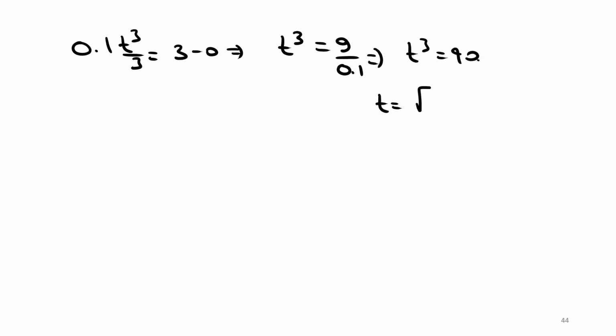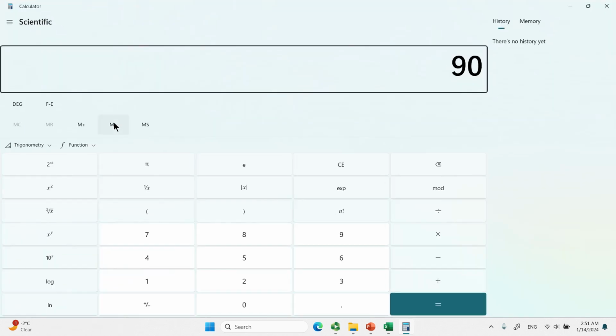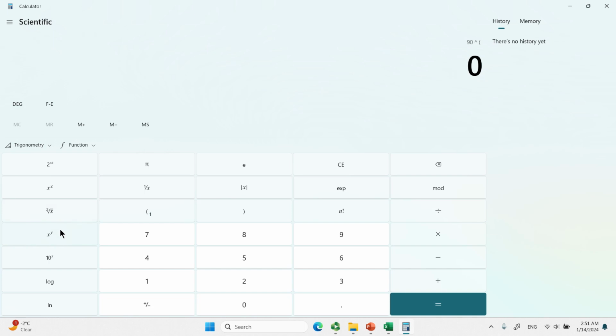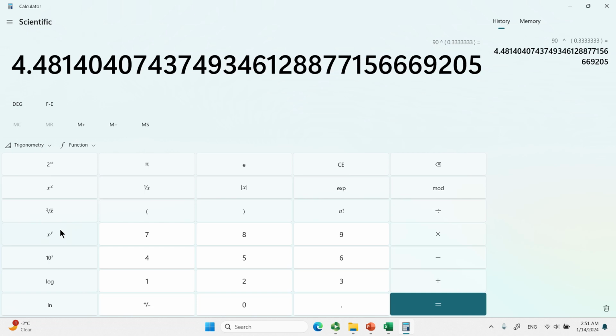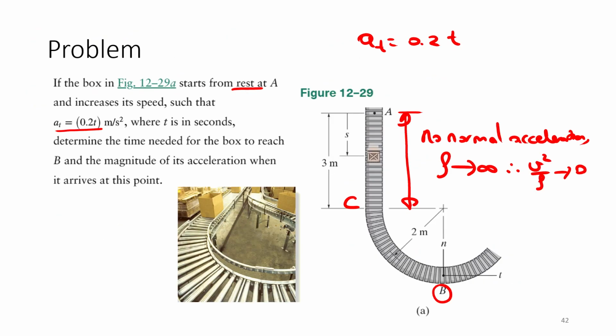And then t will be equal to the cube root of 90, so I take 90 to the power of 0.3333, and it makes 4.48 seconds. This is the time required to reach from A to C.